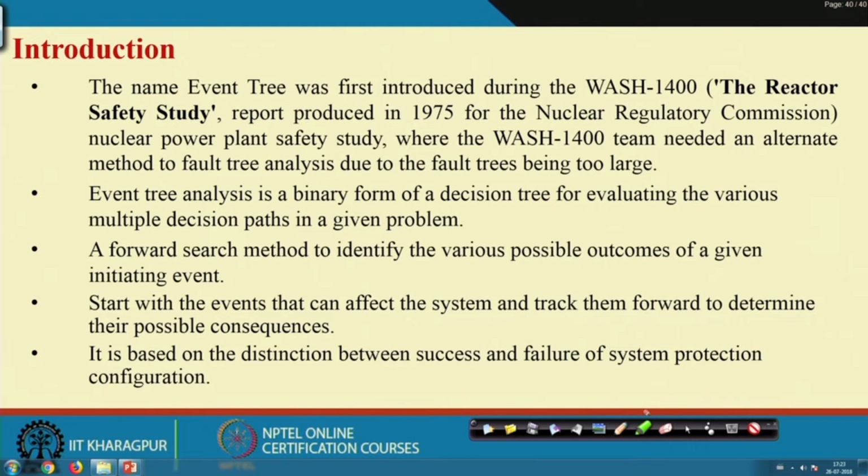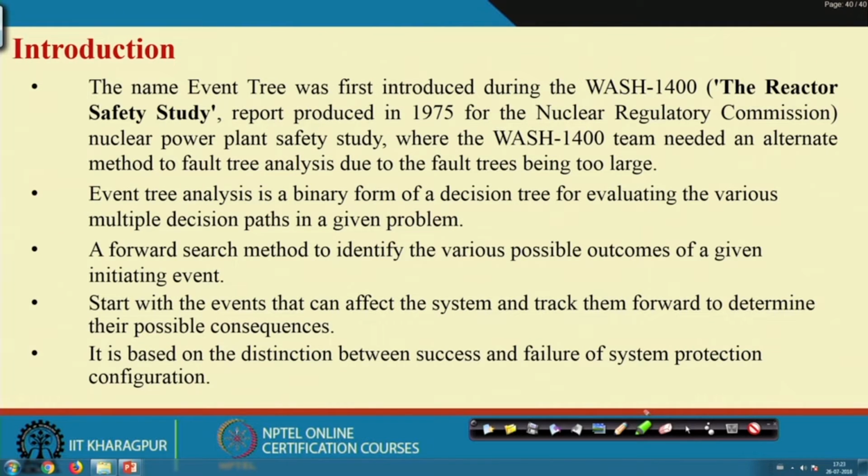What will happen? The fault tree decomposition up to the component level will become so cumbersome, as the fault tree uses a reductive approach. So, it will be very difficult to handle.